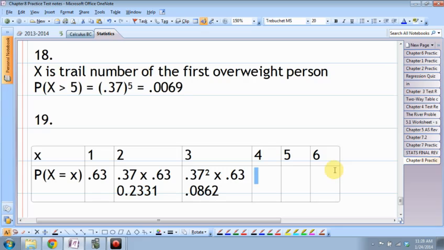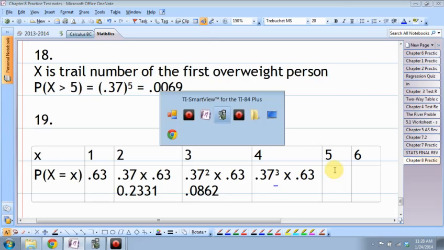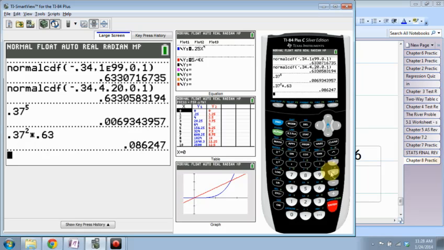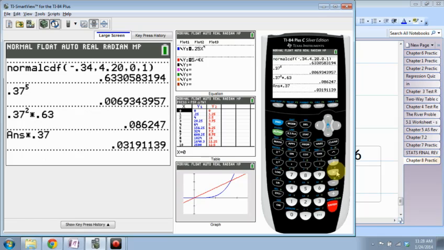And then this one is 0.37 to the 3rd power times 0.63. So we're just going to take that answer and multiply by 0.37 again. 0.0319.